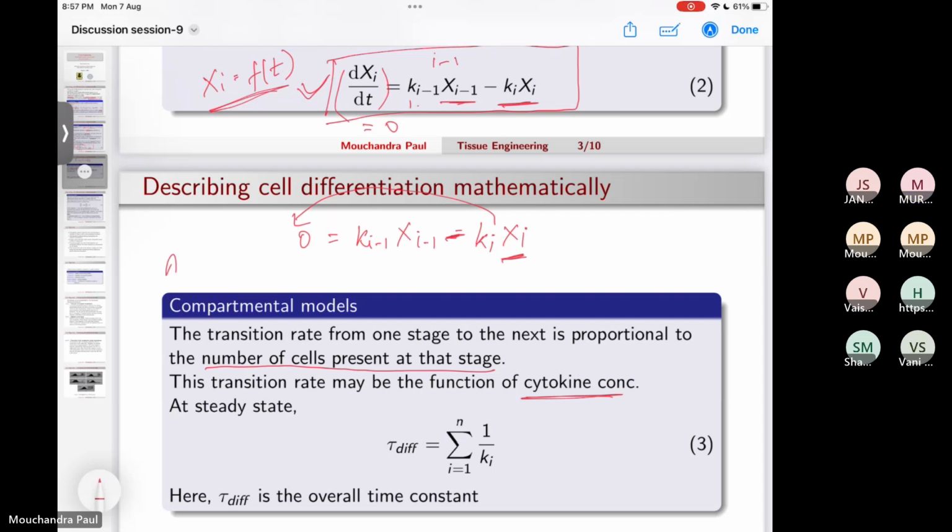So say at time t equals 0, when some cell population have committed themselves to undergo differentiation, what will be the expression? dx1 by dt equals I, the influx, that is the number of cells that have committed, minus k1 x1.